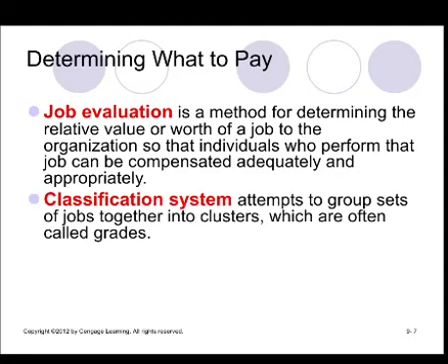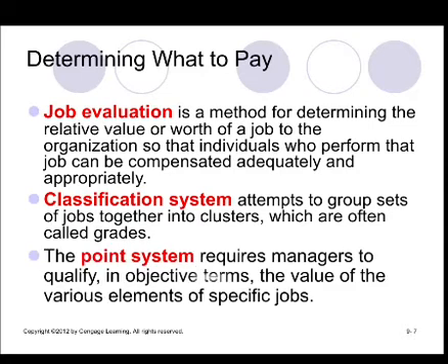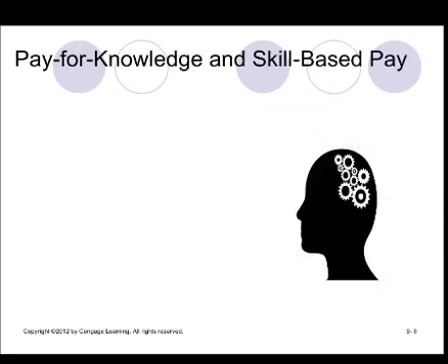Classification system attempts to group sets of jobs together into clusters, which are often called grades. The point system requires managers to quantify in objective terms the value of the various elements of specific jobs.